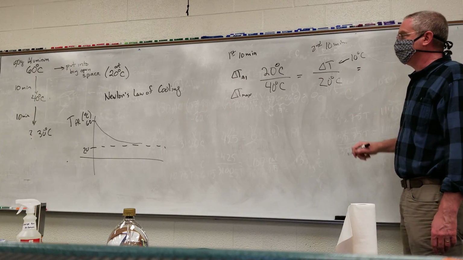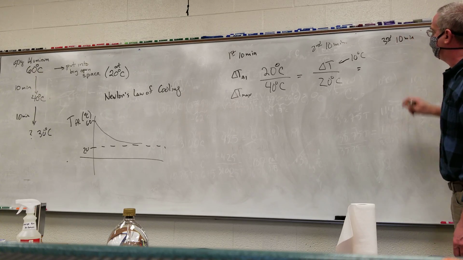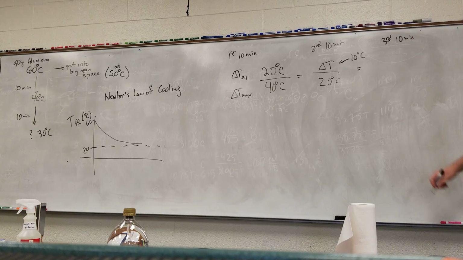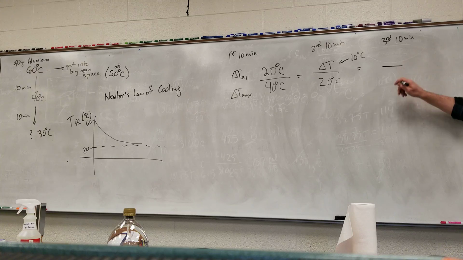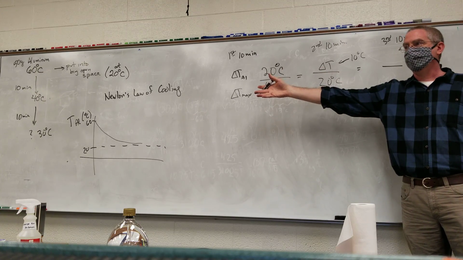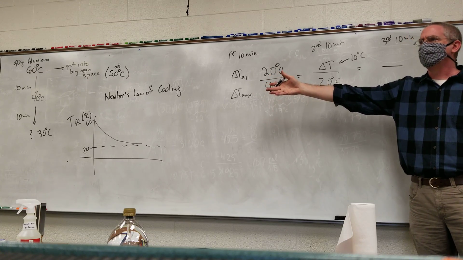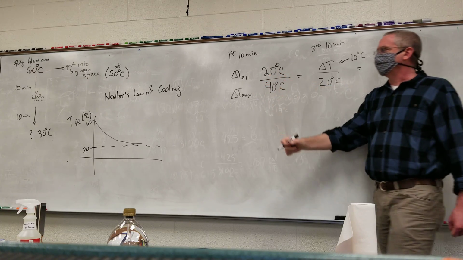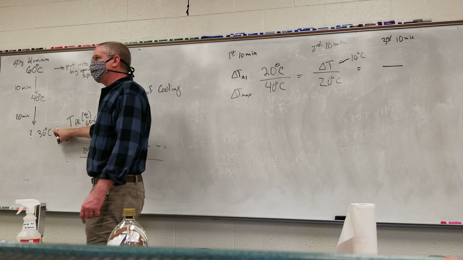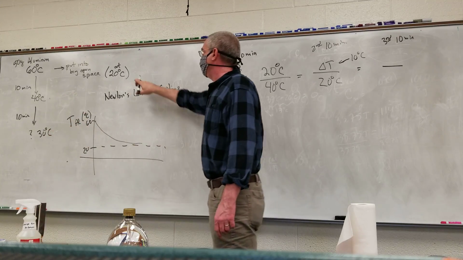We can keep going. The third 10 minutes, well, I know it's going to lose half of what it can lose. So what's the most it could lose? We're now at 30 degrees. It's not half of that number, it's half of what it possibly could lose. It's now 30 degrees Celsius in a room that's 20 degrees Celsius.